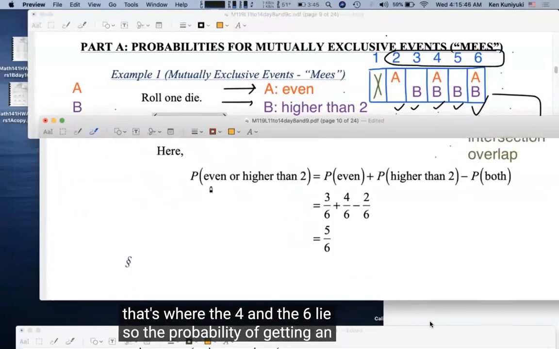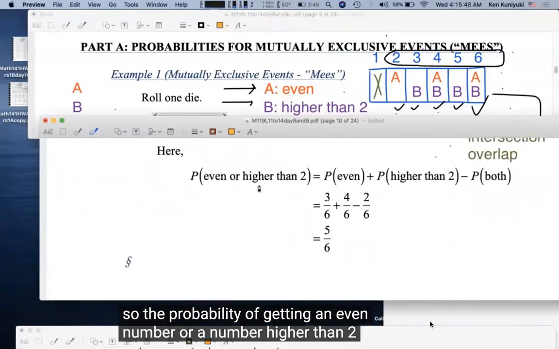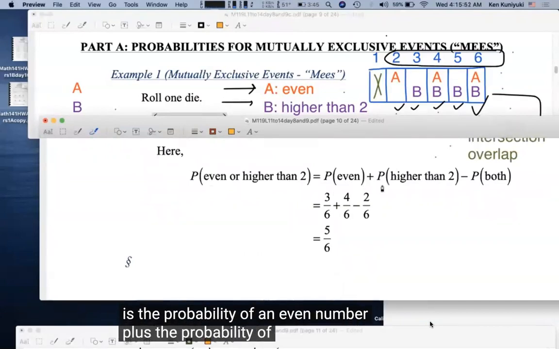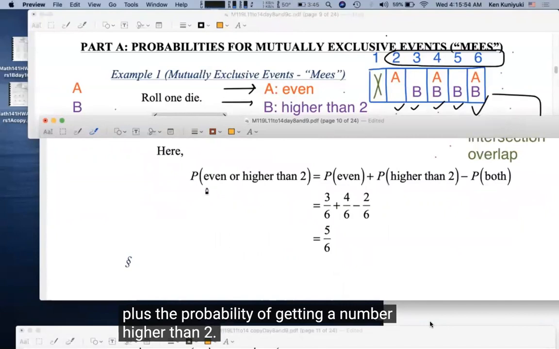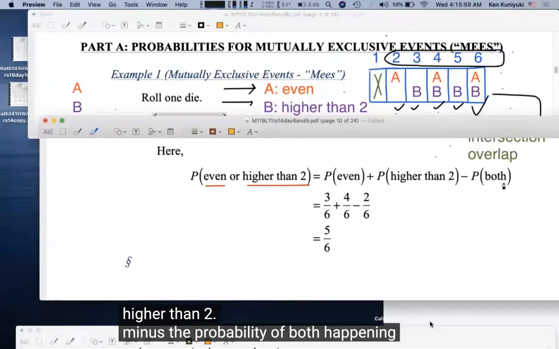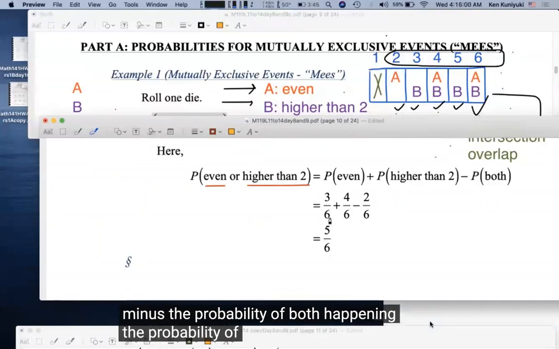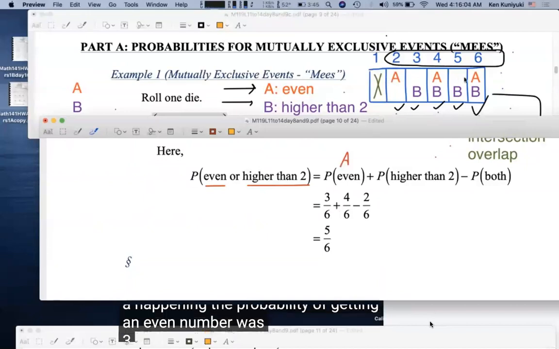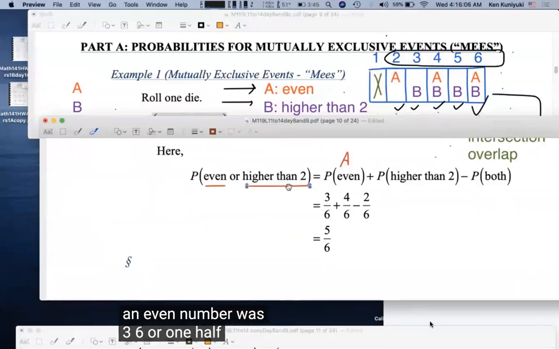So the probability of getting an even number or a number higher than 2 is the probability of an even number plus the probability of getting a number higher than 2, minus the probability of both happening. The probability of A happening, the probability of getting an even number, was 3/6, or 1/2.